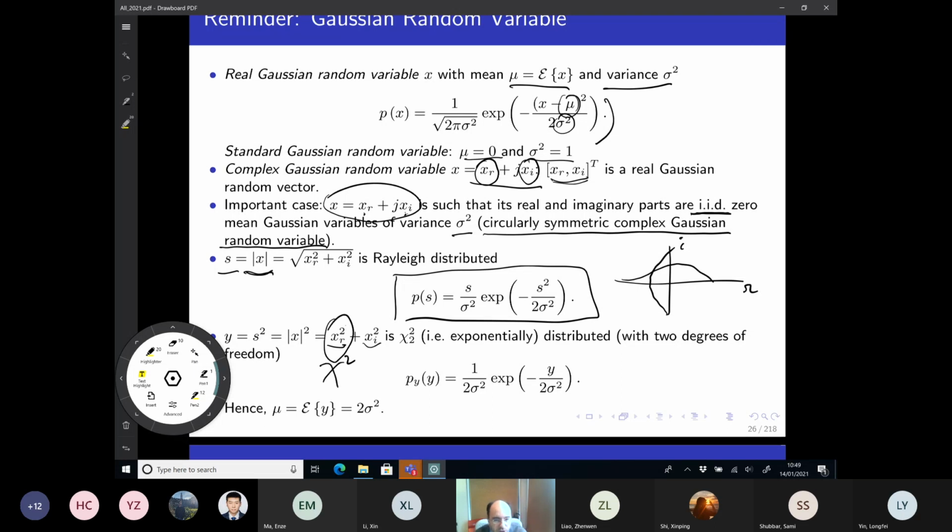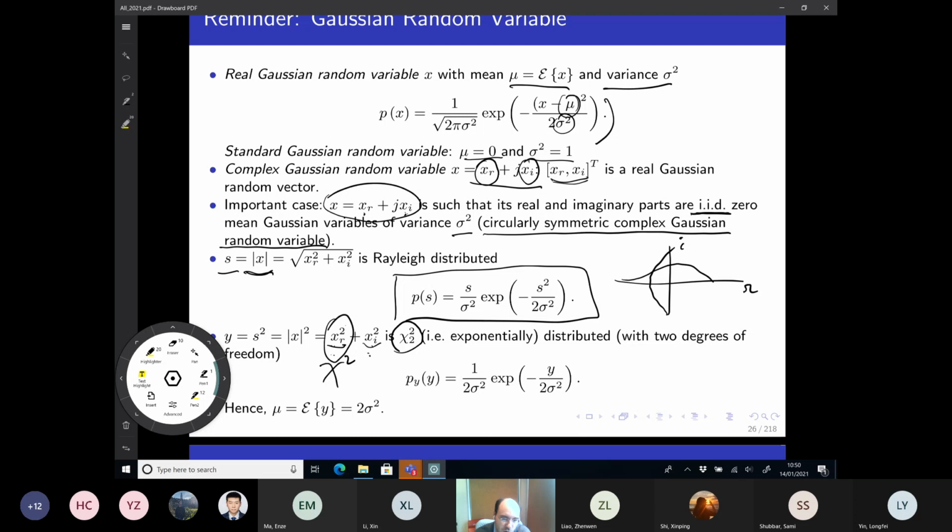We have done this in second year probability. Now you have the sum of two independent variables, where xr and xi are both normal. So this is called a chi-square with 2 degrees of freedom, because I have the sum of 2 chi-squares essentially.